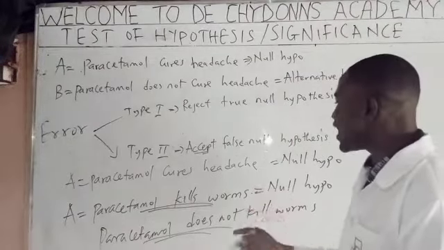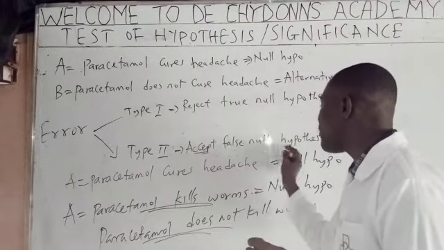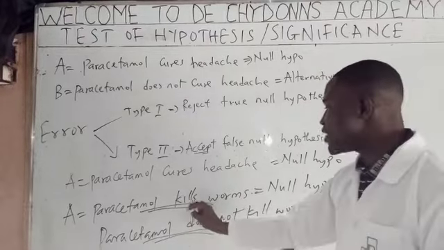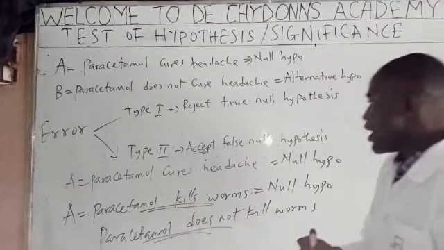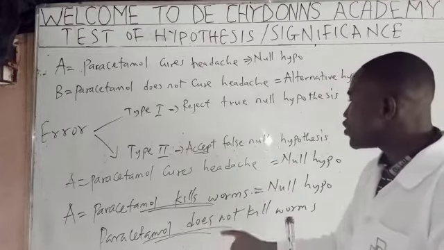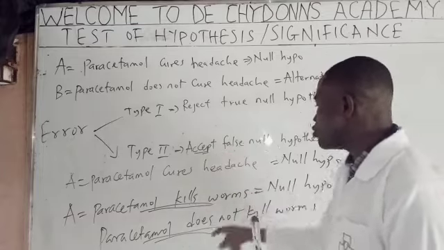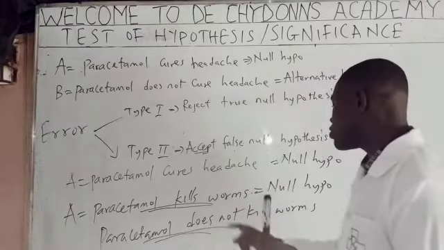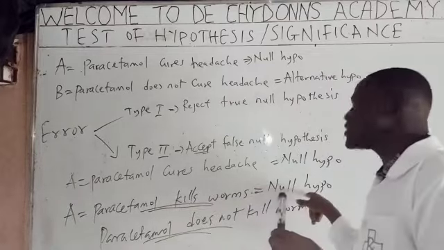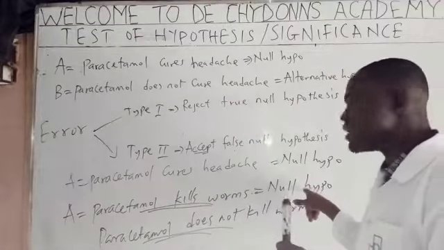The implication is that you accepted a null hypothesis that is already false. After your experiment, instead of saying paracetamol does not kill worm, you went ahead and reported that this null hypothesis is true, and you accepted it.